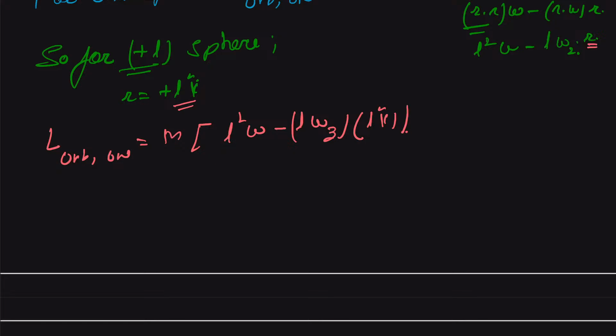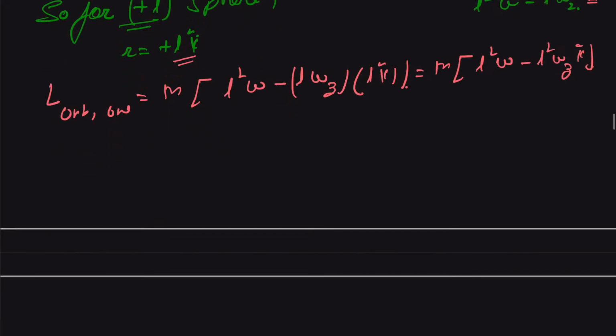So we can further write it as m times (L squared omega minus L squared omega z k unit vector).